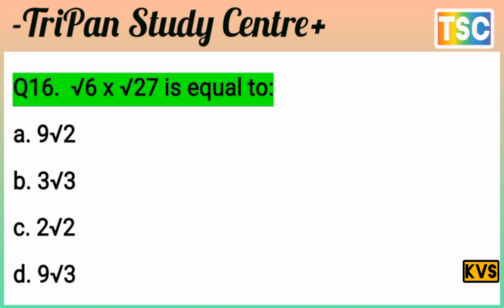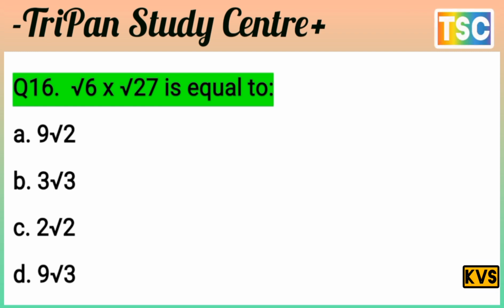Under root 6 is 3 into 2, and 27 is 3 into 3 into 3, so there is a pair of 3s. But first of all, check your knowledge. I give you a few seconds.